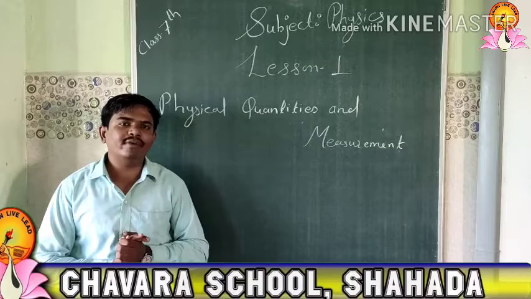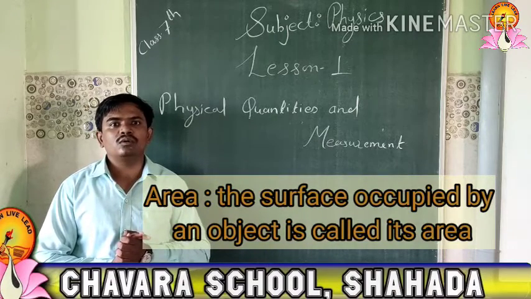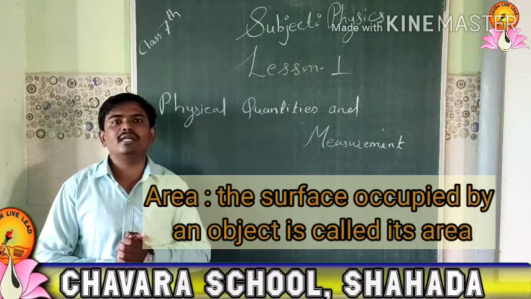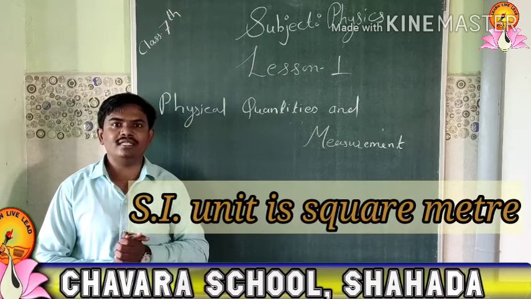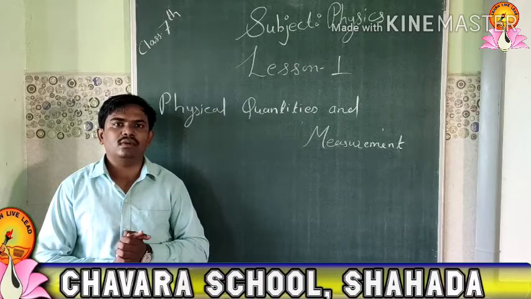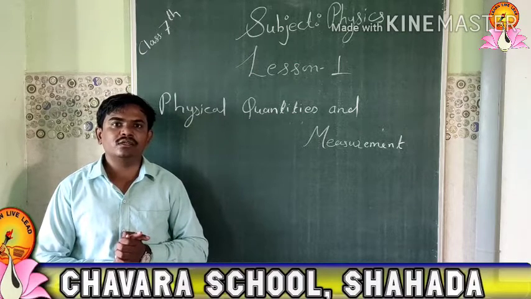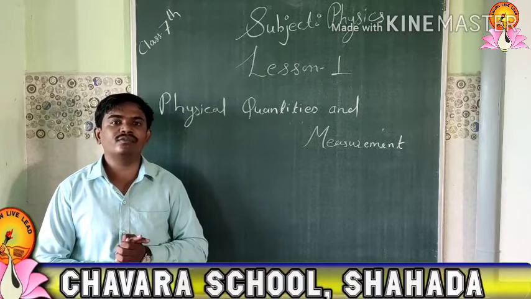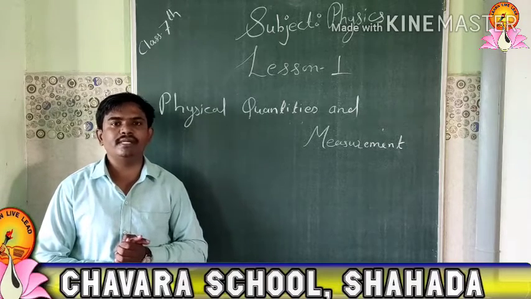Now students, I will teach you the definition of area. The surface occupied by an object is called area, and the SI unit of area is square meter. And students, you can see that 1 meter square is the area of the object whose each side is 1 meter.